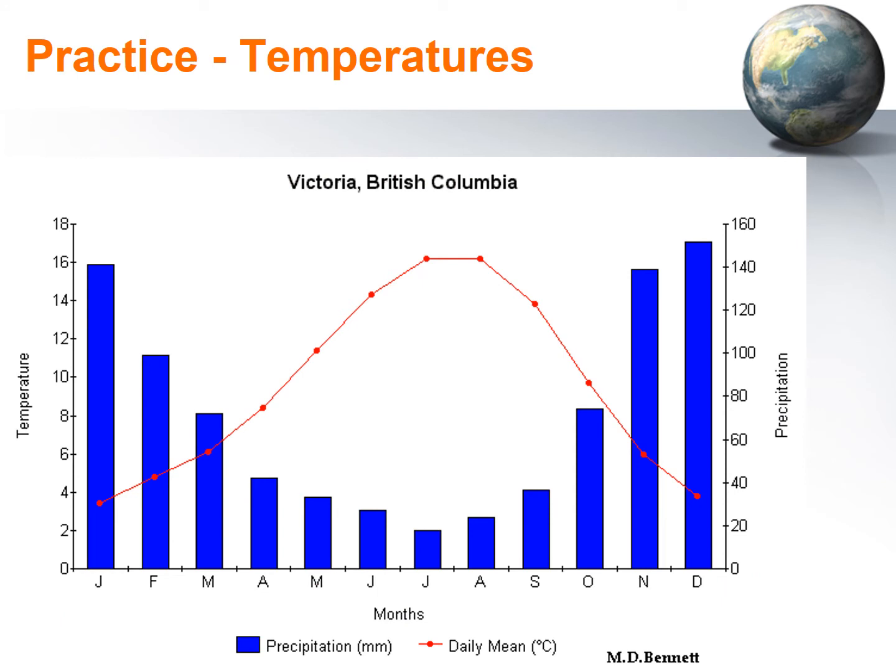If we do a practice here with Victoria, British Columbia, the provincial capital, once again you can see the temperature indicators on the left, the precipitation on the right, but Victoria is a much warmer city than Edmonton, so the 0 degrees, the freezing level, that measurement is on the bottom of the graph instead of halfway up as it was with the Edmonton example.